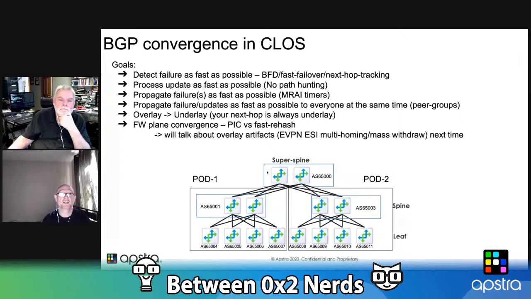So what we discussed last time was detecting failure as soon as possible. Failure detection is a very important part of total end-to-end convergence. The longer it takes to detect a failure, the longer your convergence is going to take. The longer you're going to black hole, or drop traffic, the longer you are not going to know that something bad has happened.